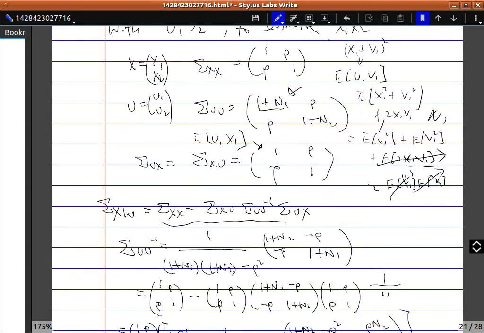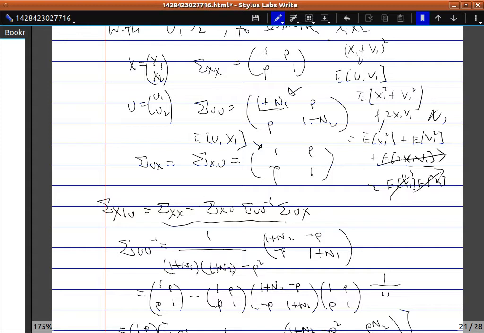So this is basically saying that if you are looking at the estimate of x given u, the covariance of that estimate will be equal to the covariance of the original source variable, that's the prior, minus this term here.